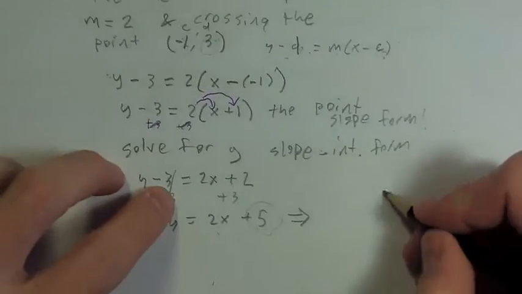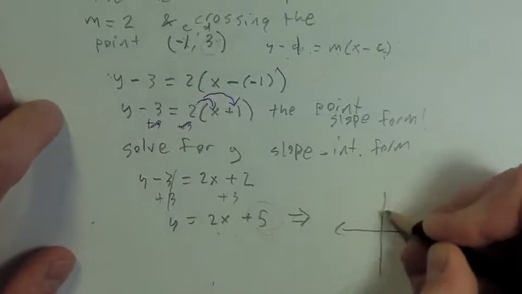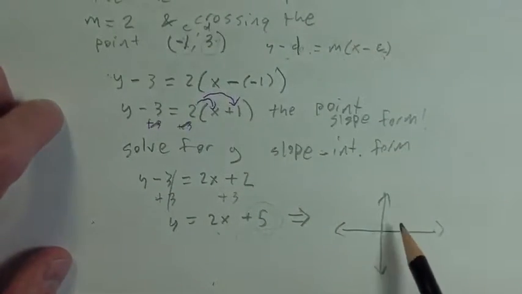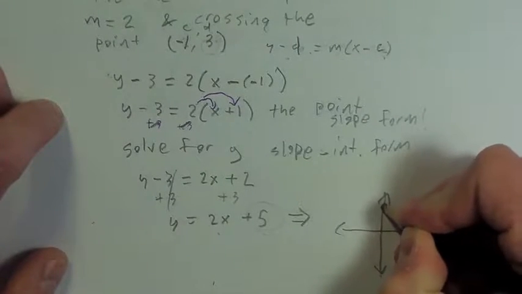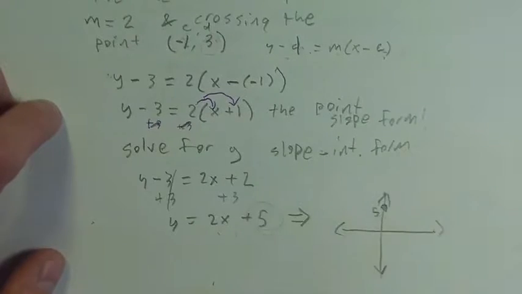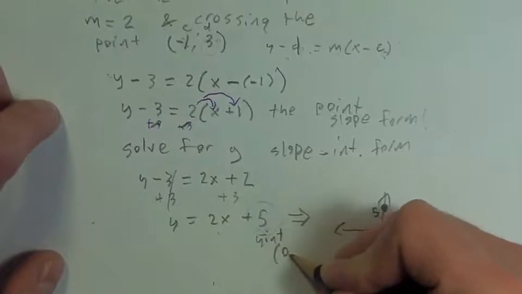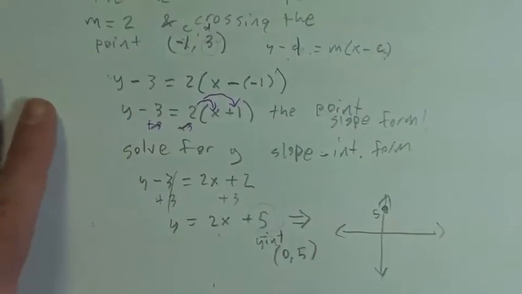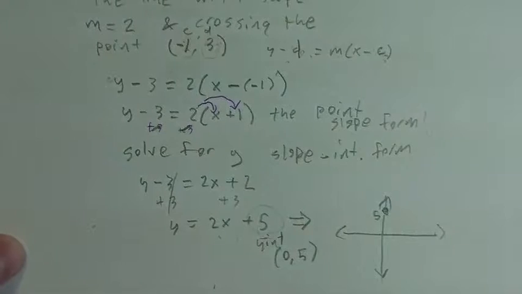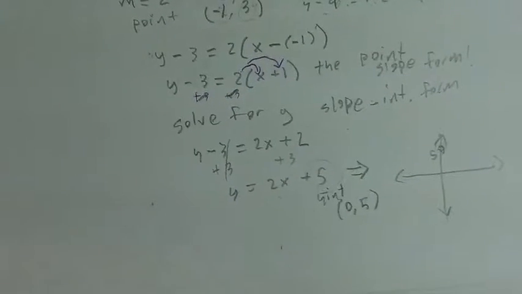So if I'm talking about the y-axis, I know that the line crosses the y-axis at 5. So that means it's actually the point 0, 5.